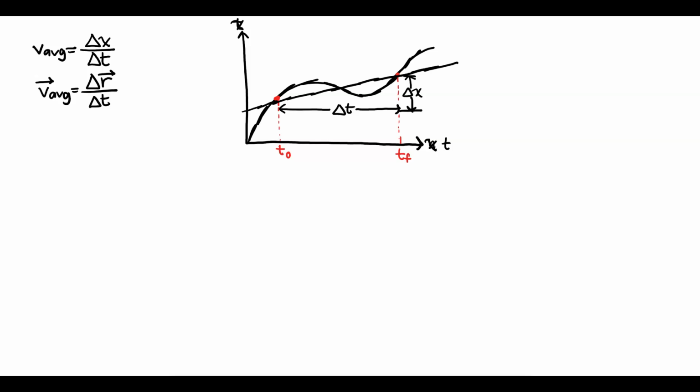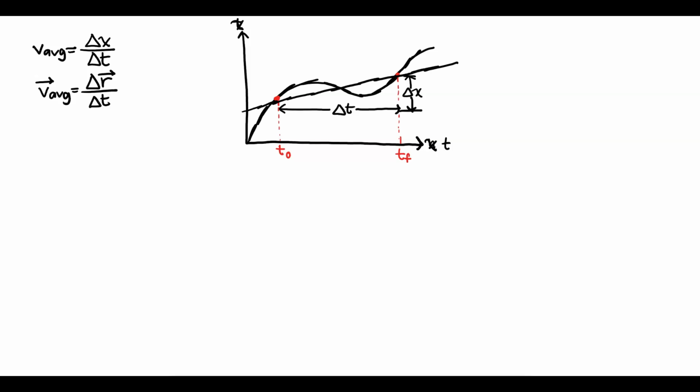But we start to run into a problem because, as you can see from the actual graph, the motion is a little more complex than just a straight line. It's very curvy. And as a result, we don't really get an accurate picture of how our object is moving.